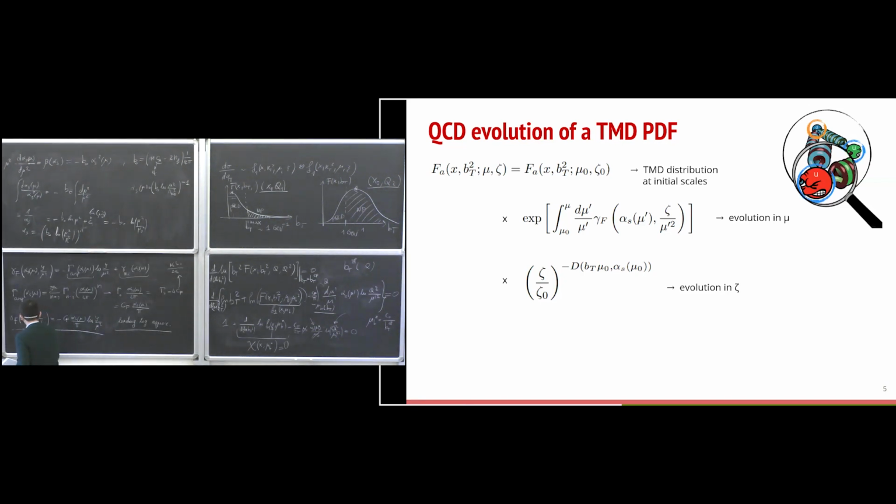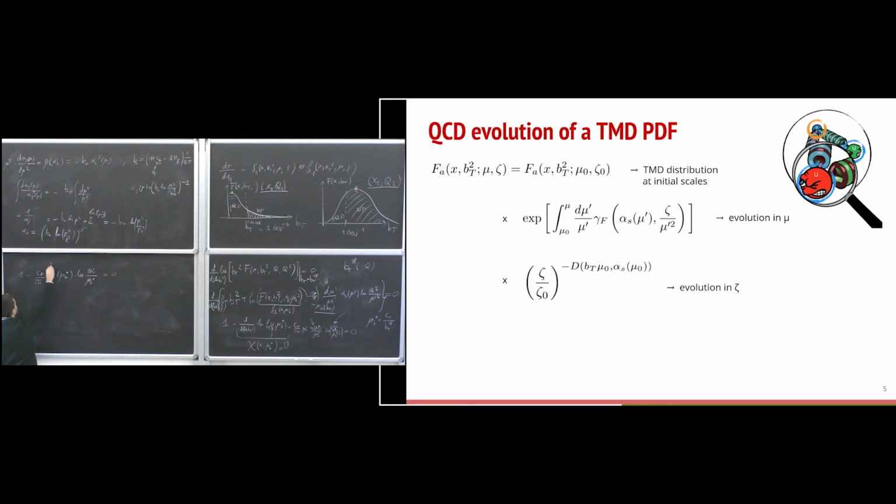We go back to our equation, which was 1. We are neglecting x, and then we have minus CF over 2 pi, alpha strong at mu b star, and then we have the log of q squared divided by mu b star squared, equal to 0.